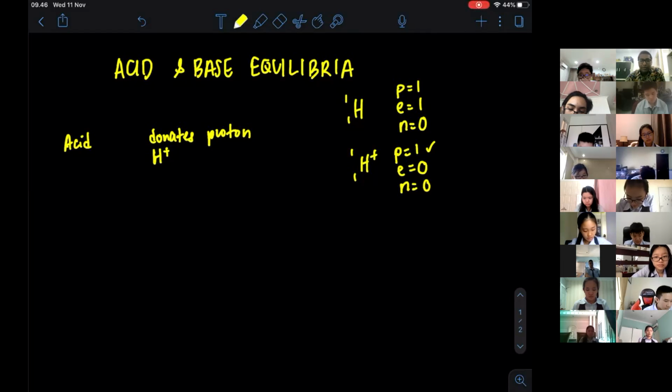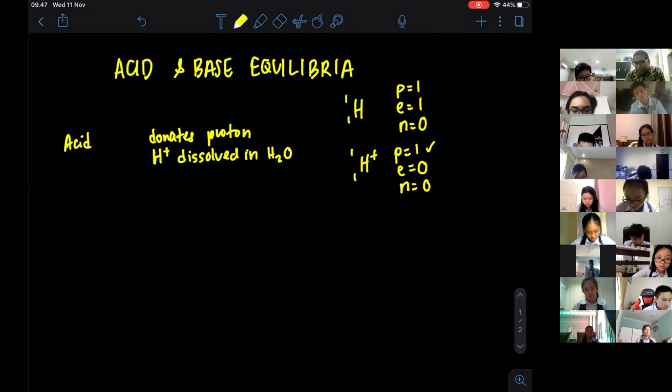It gives you proton when dissolved in water. Do remember, last time they remember this way, yeah? When they are dissolved in water, then we say it gives you H plus, then we say that is acid. Okay, that was the older definition.